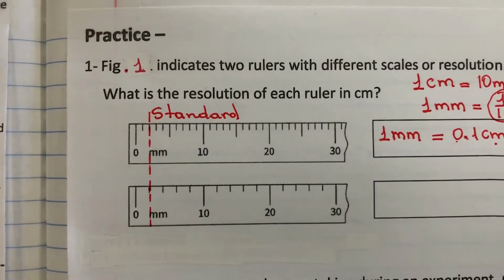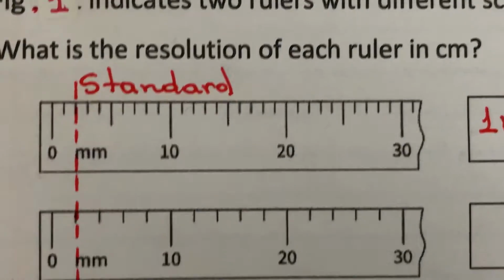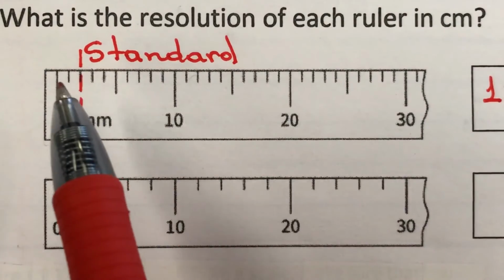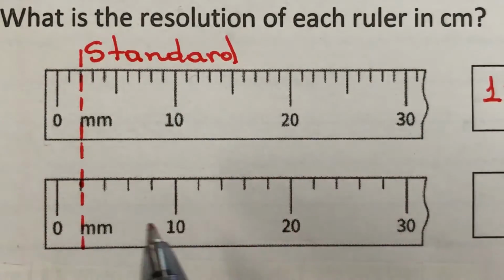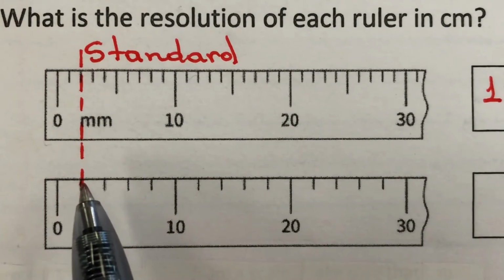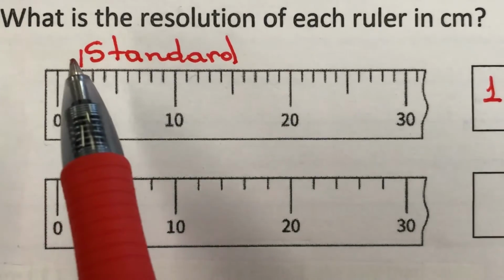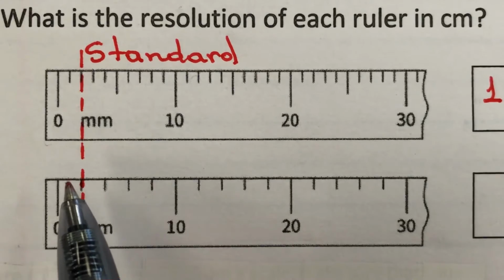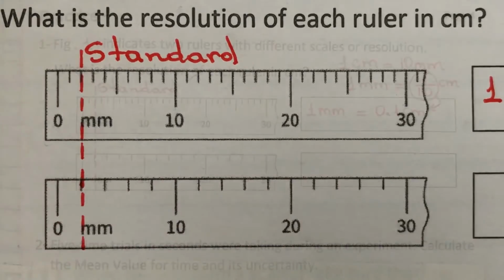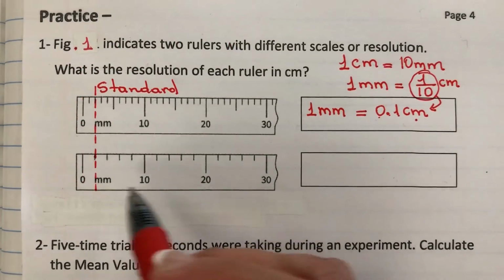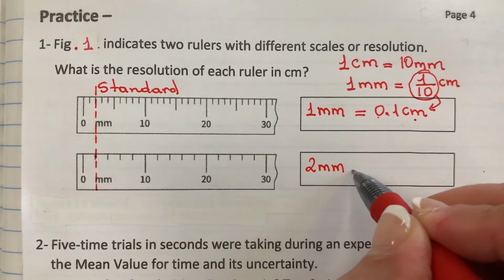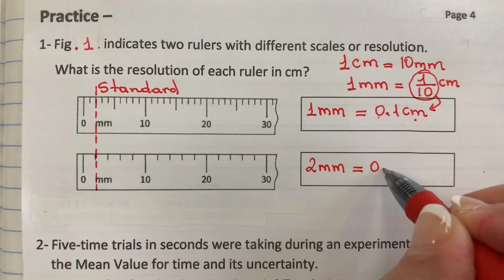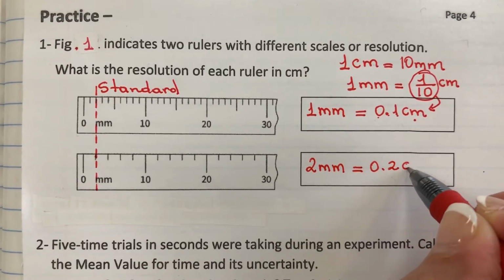If I do a close-up, you can see very clearly that we have 2 millimeters on this standard ruler, and on this one this mark corresponds to 2 millimeters, or 2 lines right here. So the resolution of the second ruler is 2 millimeters or 0.2 centimeters.